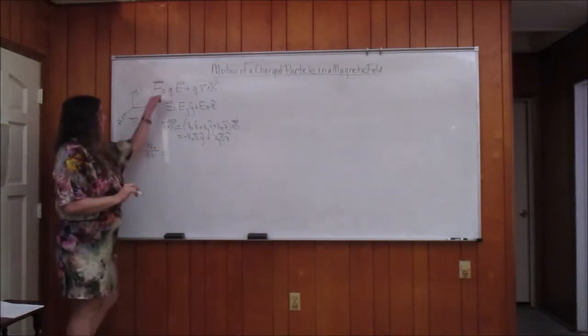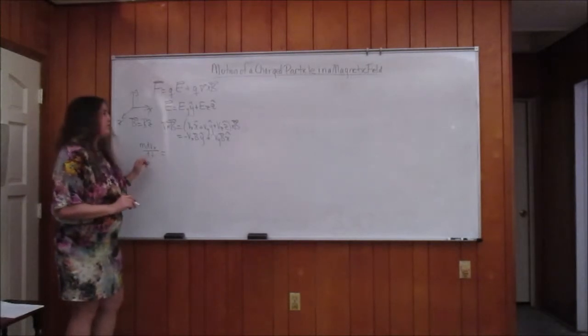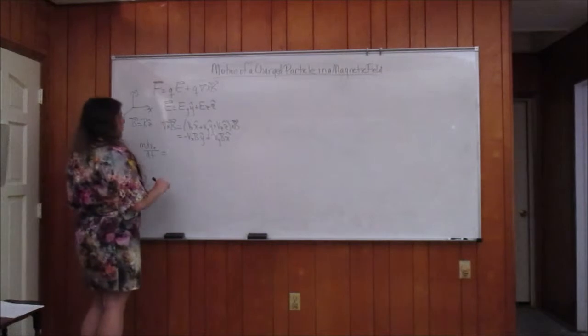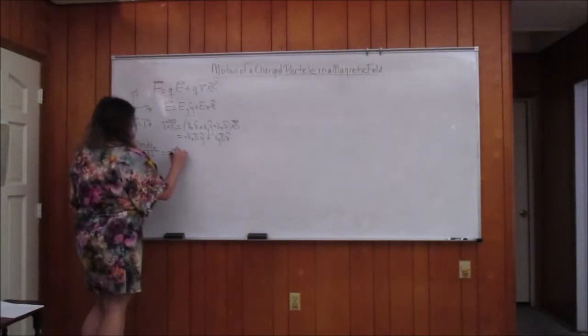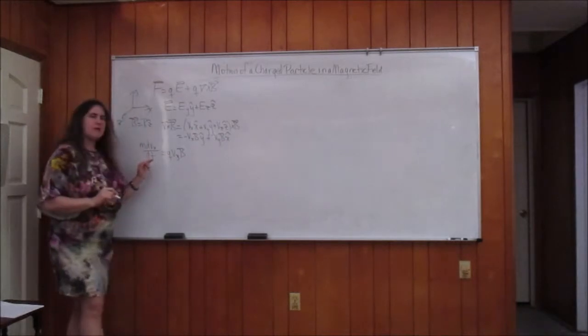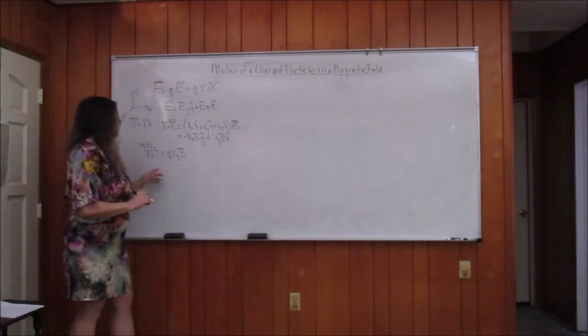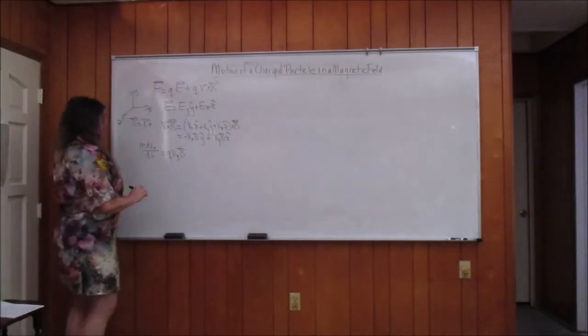I'm going to write out each of the components of the force. In the first case, we consider the x component, and there is no x component of the electric field, only a y and z component, so we wind up with mass times the derivative of the x component of the velocity with respect to time is equal to q times vy times B, the magnetic field.